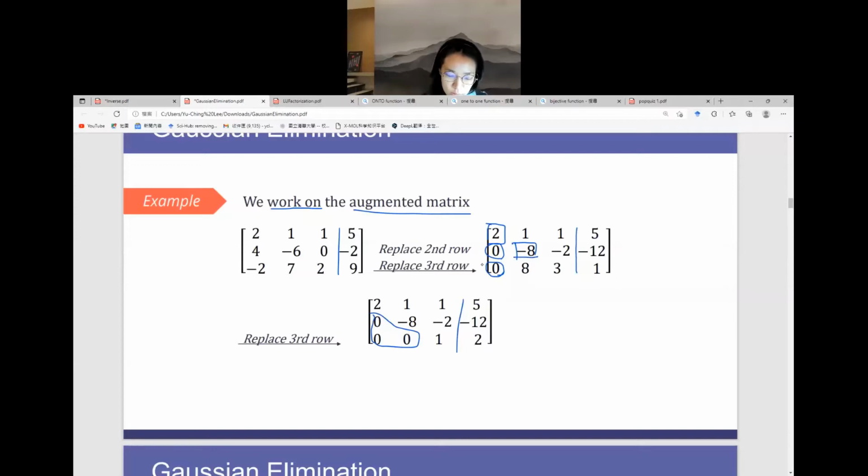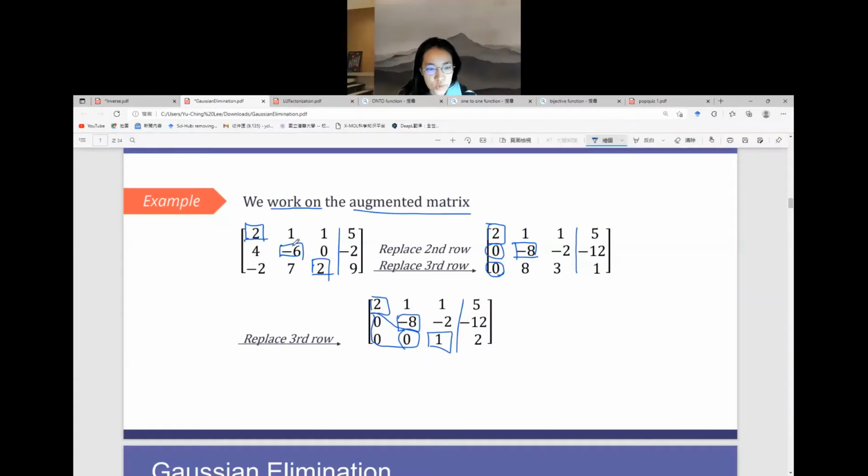And then this one is reduced to 1. Eventually we identify 1, 2, 3 pivot positions. And then we can map it back, with the 3 pivot positions and the 3 pivots being 2, negative 6 and 2, like this.